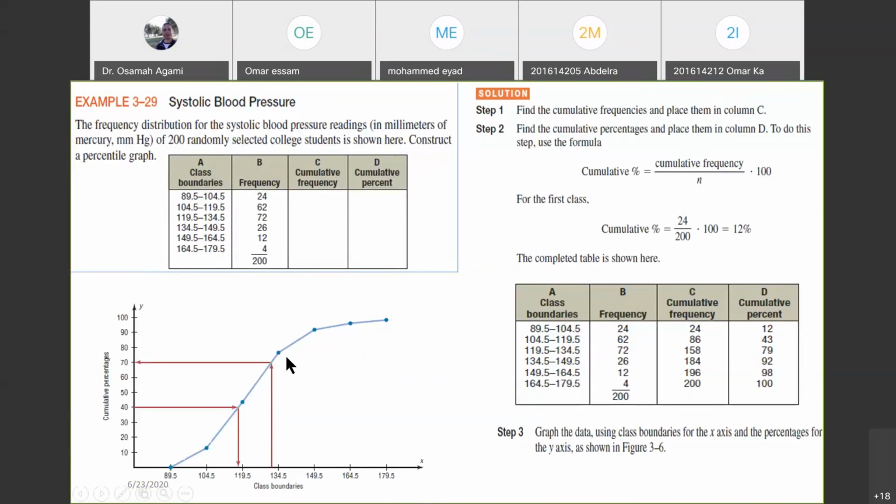But the main point here, your data is not represented by the frequency, it is represented by the percentage, right? So this is exactly to know where your data is. If the value is at 40%, you just go for the cumulative relative polygon, or you go for the Ogive, which I prefer, and go down to know this value, 119.5 or roughly will be the value.